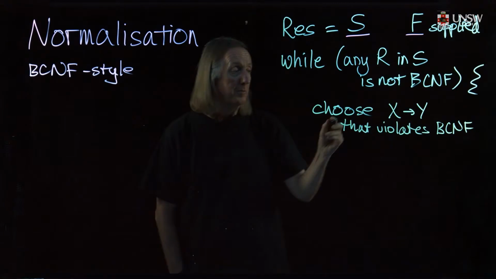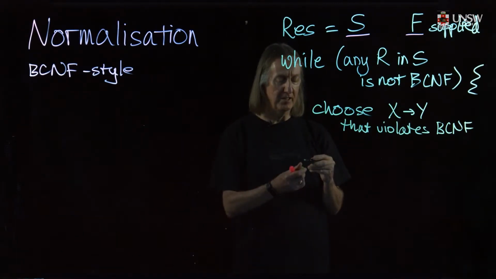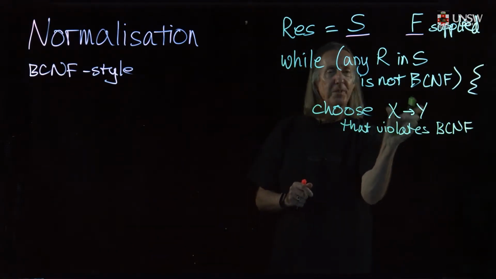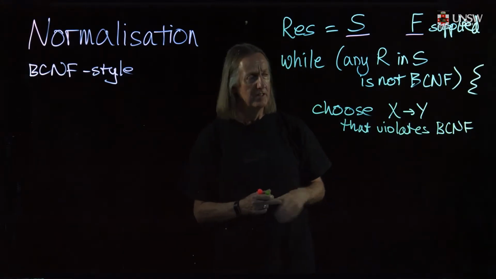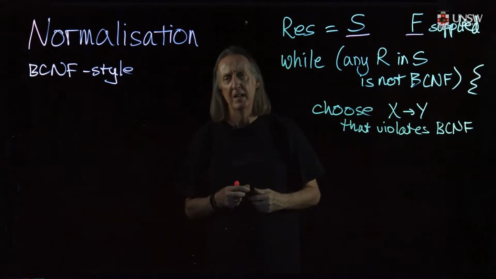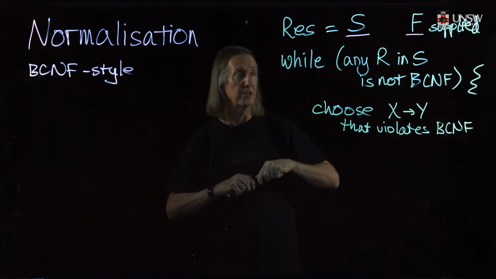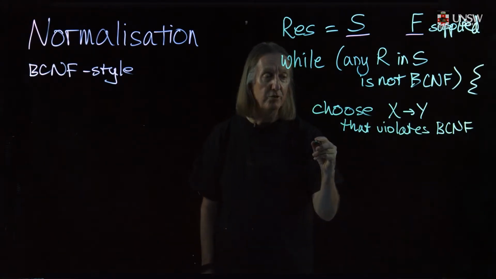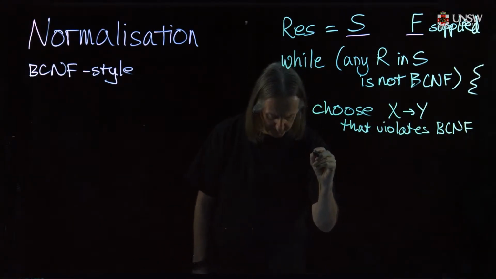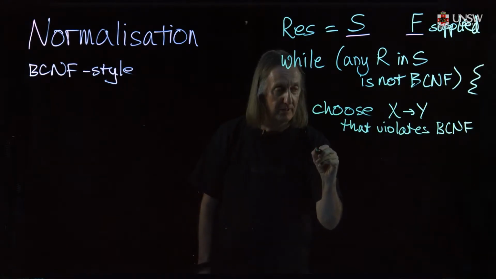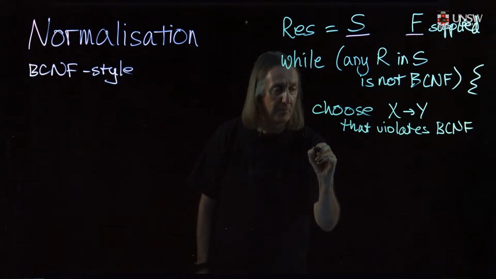All right, so what we do is we then try to stop this thing causing a problem. So if we can take this functional dependency out of the original table and add a new table into the system, let's call it R prime.